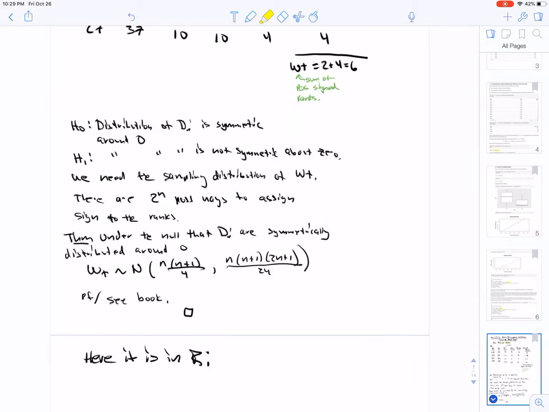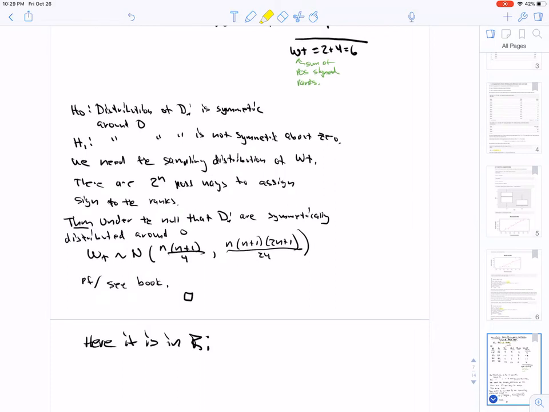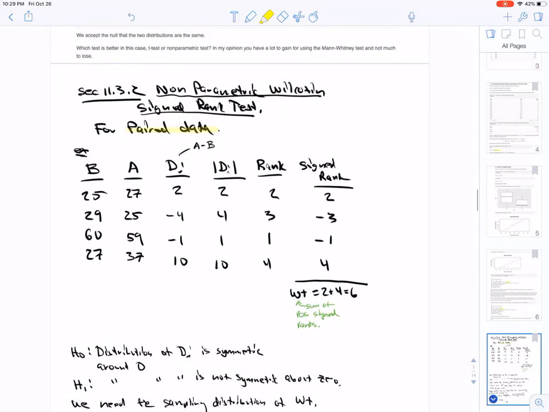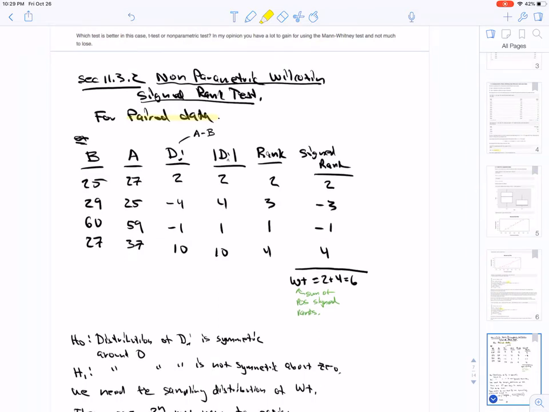So we need the sampling distribution of W plus. Note that there are 2 to the power n possible ways to assign signs to the ranks. That's because if you look at the D_i's, every D_i could have a plus or minus sign attached to it. And if there are 4 rows, there's 2 to the 4 different signs that we could have here.